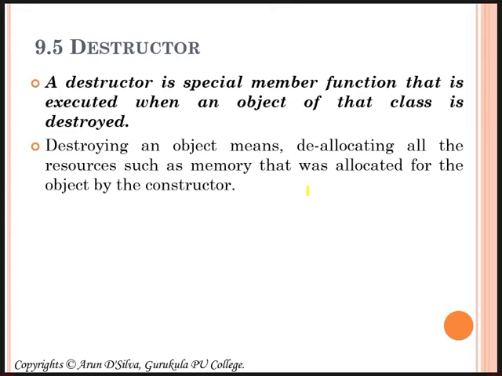Similarly, when the object is being destroyed, that is when the destructor is invoked by the compiler, the delete operator will be invoked implicitly by the compiler to deallocate the memory allocated to the object. So this will be done automatically. There is no need for the user to specify it. The user has to specify only the special functions, the constructor as well as the destructor.